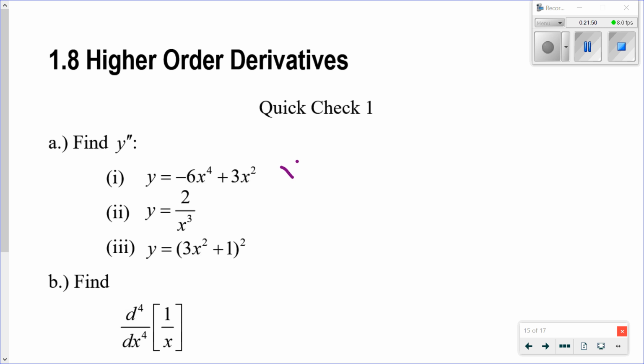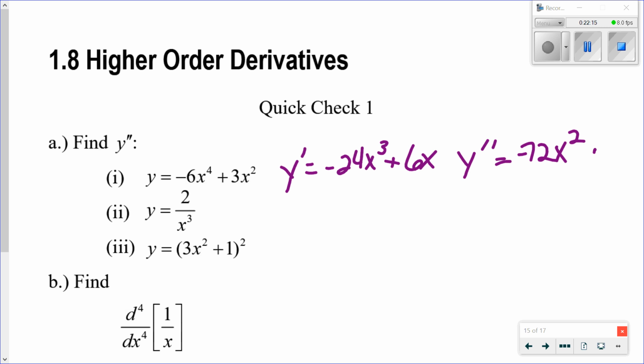So on this first one, y prime, let's get our first derivative. It's going to be negative 24x cubed plus 6x. That means y double prime is going to be negative 72x squared plus 6.